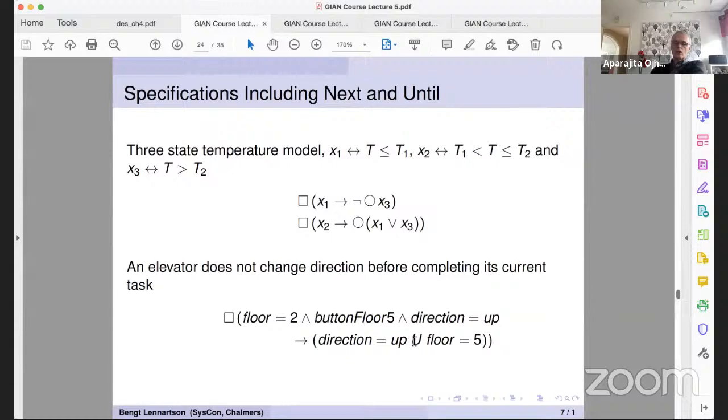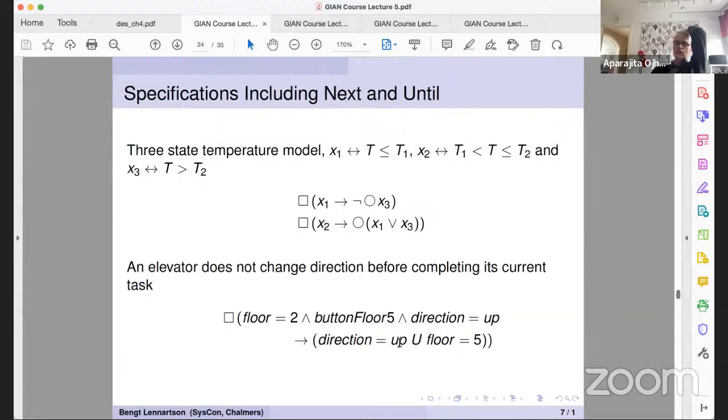You shouldn't then change to go down, for instance, before you have reached floor 5. So this is a guarantee that if you are in the low region of the number of the floors, you shouldn't go back and forth there all the time.